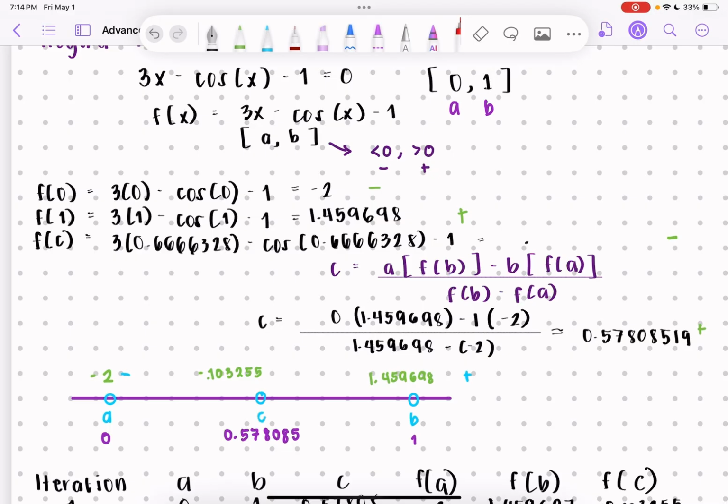So just simply plug in the values of A and B, and we will have -2 and 1.459698.